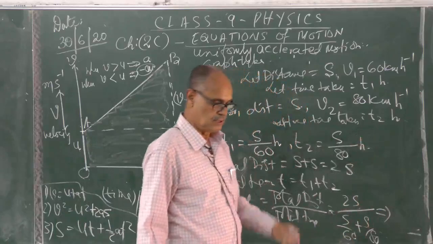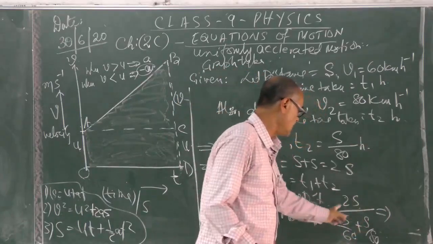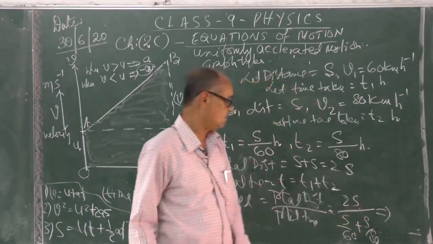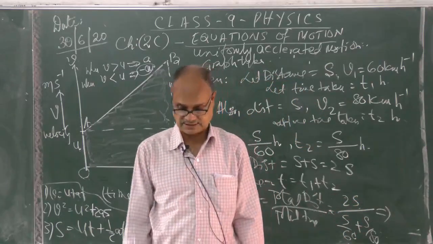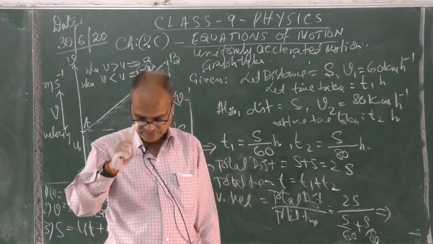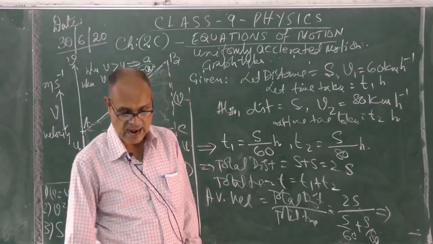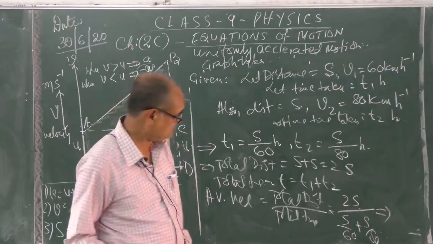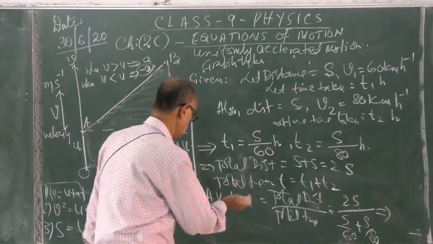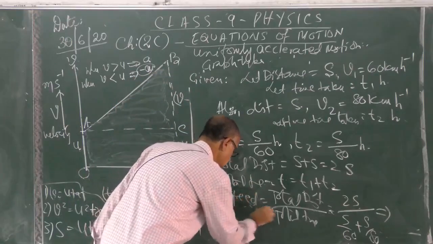The LCM will go up, s will get cancelled, and the result will be in some fractional form. It will be distance by time, and it is asked as average speed, because this is distance.